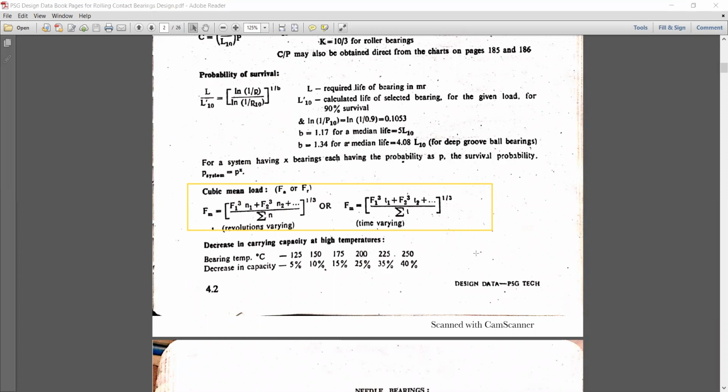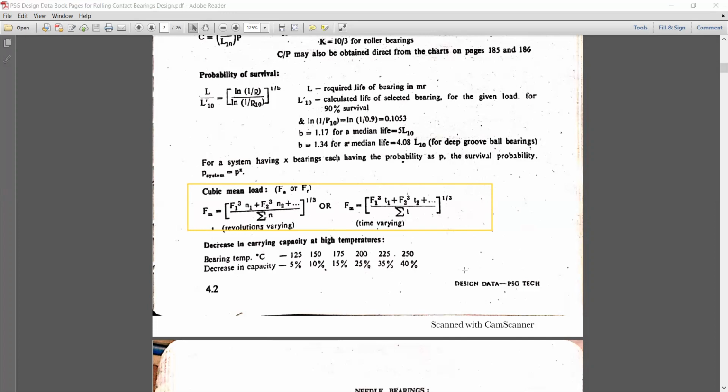Now in this equation, F1 is nothing but the equivalent load for phase 1, and F2 and F3 are the equivalent loads for phases 2 and 3. Similarly, N1 is the life in revolutions for phase 1, N2 for phase 2 and N3 for phase 3.